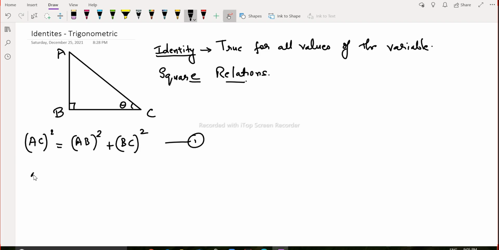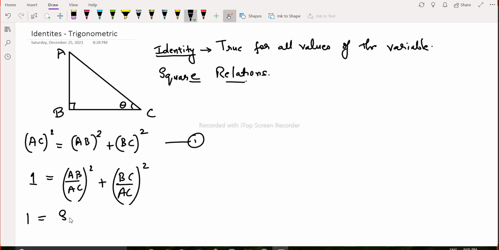So what you'll get is 1 equal to AB upon AC the whole square plus BC upon AC the whole square. Now, AB upon AC is sine of theta, because sine theta is opposite upon hypotenuse.